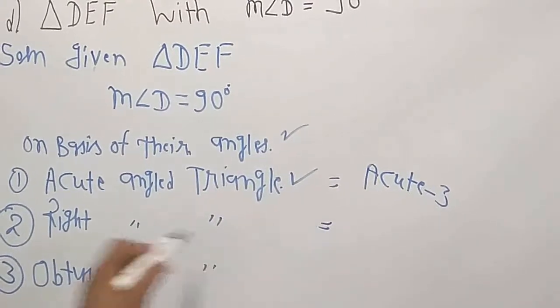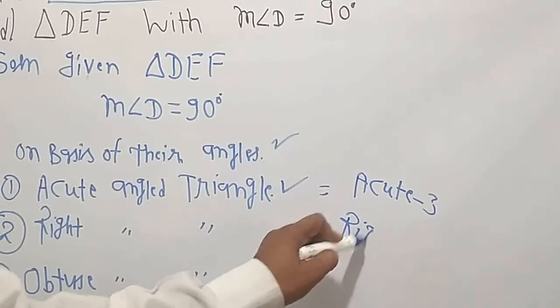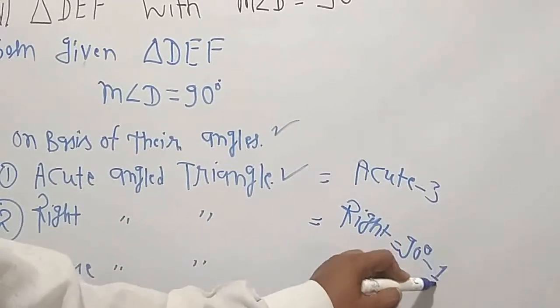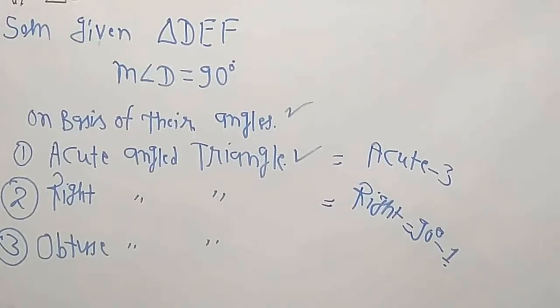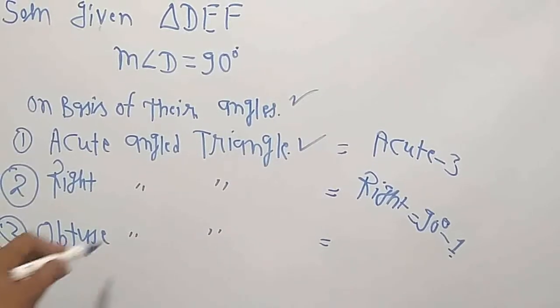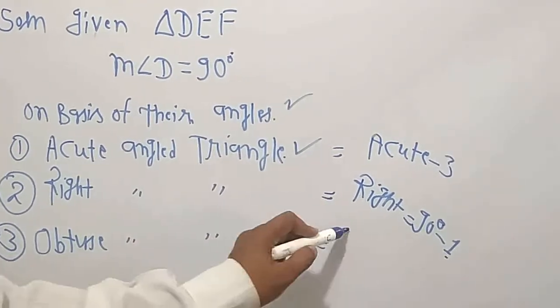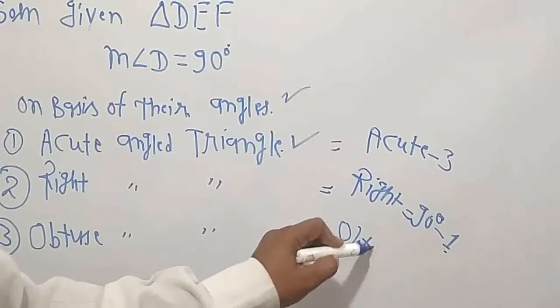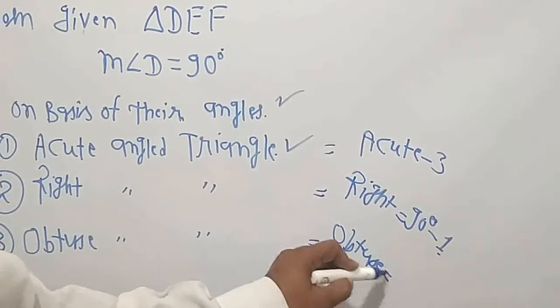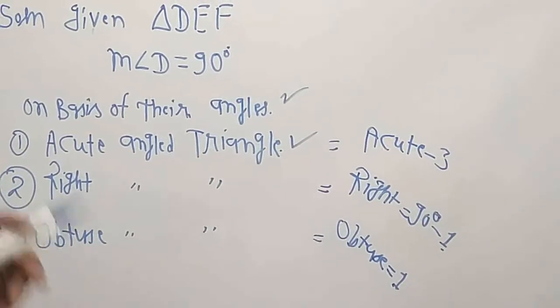For the second, at least one angle should be a right angle, so the triangle is a right angle triangle. And for the last one, obtuse angle triangle, at least one angle should be obtuse. Obtuse means more than 90 degree. So the triangle is an obtuse angle triangle.